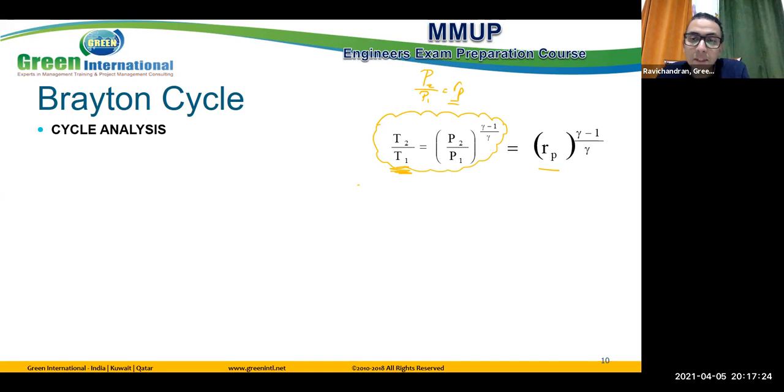H1 is like CpT1, H2 is like CpT2. So H1 minus H2 is equal to Cp times T1 minus T2. Only here can we describe enthalpies this way, with the same equation concept: any element or equipment equals the difference between two enthalpies, but we describe the enthalpies by Cp delta T. This is the reason it comes a lot in the exam instead of the other cycles.